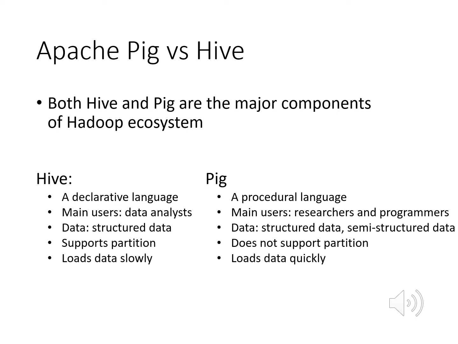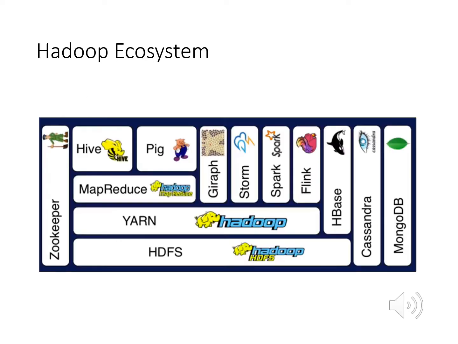So depending on the application and on the data, people choose Hive versus Pig. For a lot of procedures, we can use either of them. Let's revisit the Hadoop ecosystem.